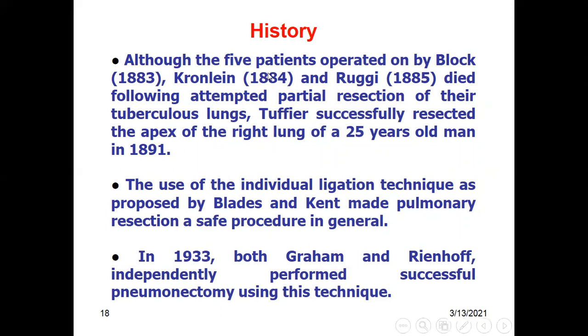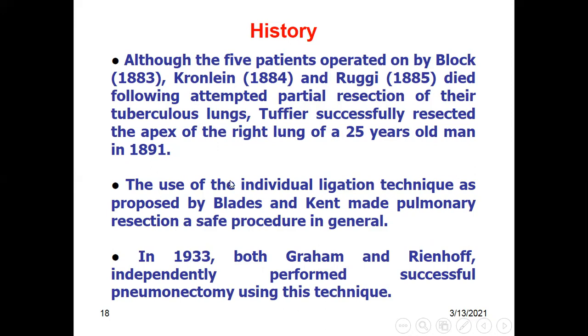Although the 5 patients operated upon by Bloch in 1883, Cronlin in 1884, and Rugi in 1885 died following attempted partial resection of their tuberculous lungs, Tafia successfully resected the apex of the right lung of a 25-year-old man in 1891.